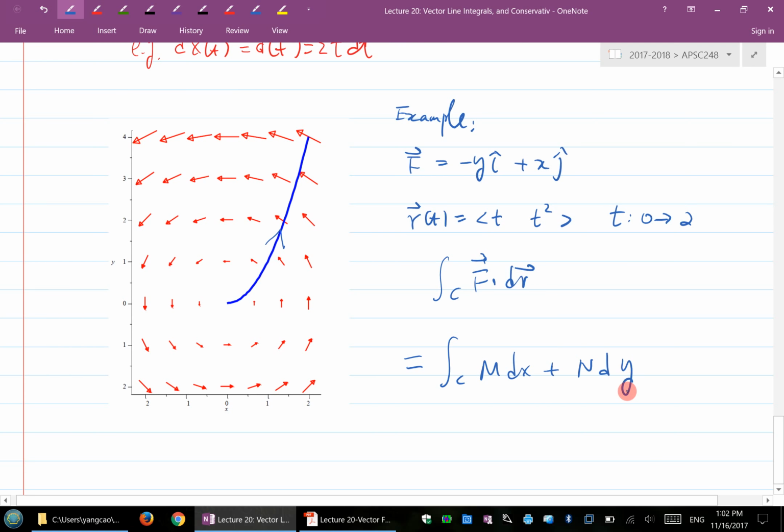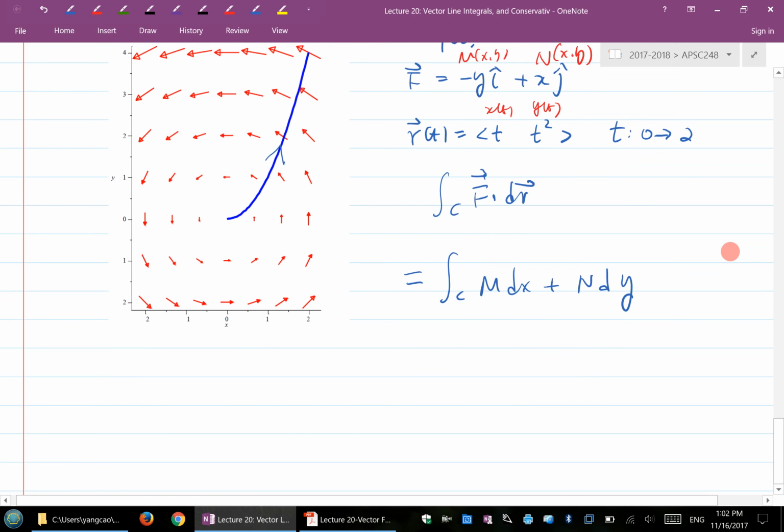You just have the M and N components here. So this is your vector field, this is your M, this is your N, and this is your x of t and y of t. M is supposed to be a function of x, y, and N also, but in this case it's just a simple negative y and x for the two functions. So it's not too bad.